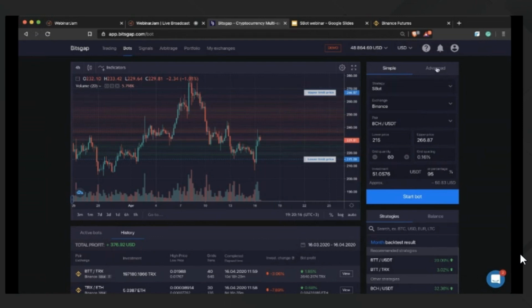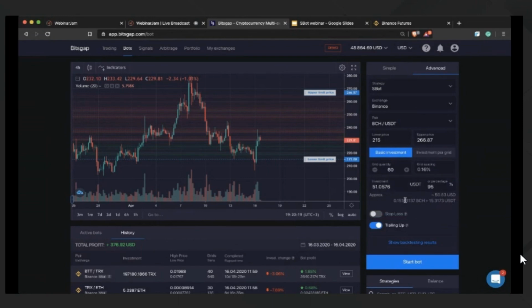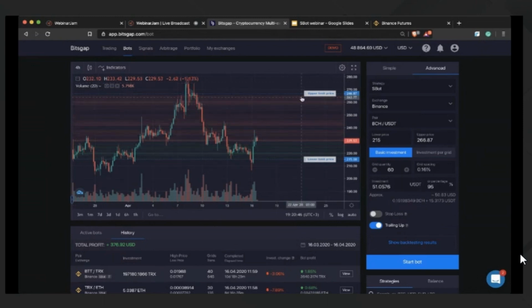I can see this in the advanced section. So clearly here you see that my investment amount is, okay, in this case, $51. In order to initiate the bot, I must have on my account, or if I don't have it, attention, if I don't have it, the bot will buy at current market price enough of the base currency so that it would be possible to set all of the sell orders right here.